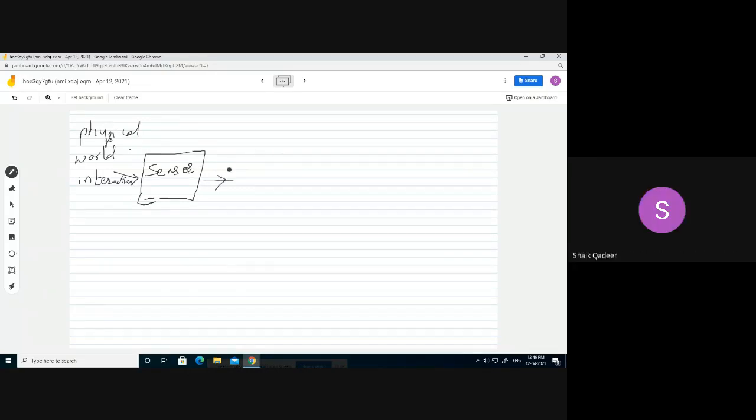Usually, if it is an electrical-based transducer, then we all know that the passive elements of electrical engineering are these three, R, L, and C. So what happens?